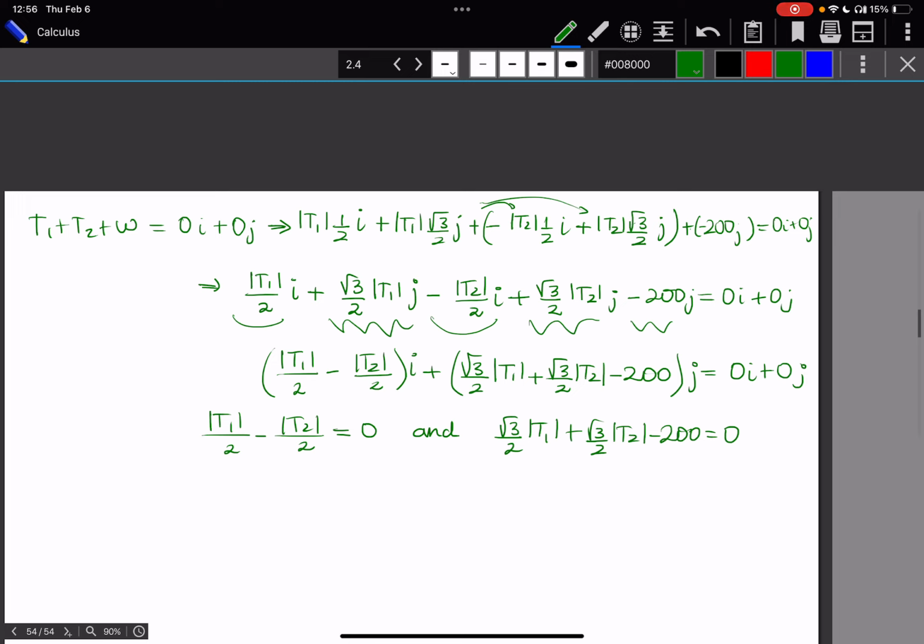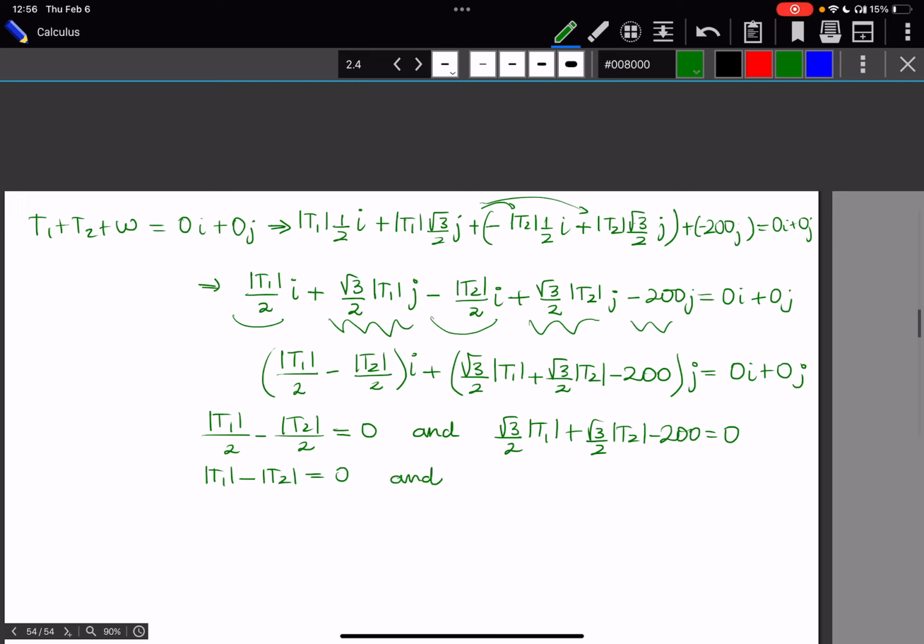Okay, and one thing we can do with these equations is manipulate them. For instance, here we can multiply both sides of the equation by 2 to get rid of that half that we see. And we end up with T1 minus T2 equals 0.